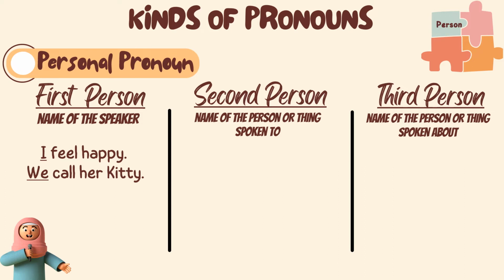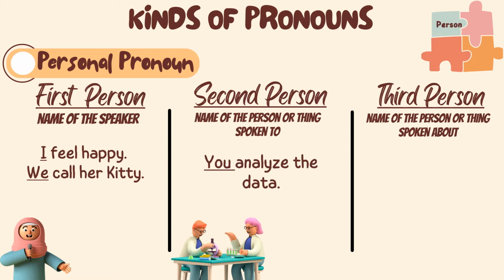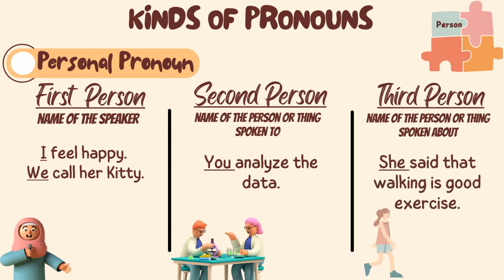The second person pronoun is used in place of the name of the person or thing spoken to. We will now say, you analyze the data. The third person pronoun is used in place of the name of the person or thing spoken about. We will say, she said that walking is good exercise.